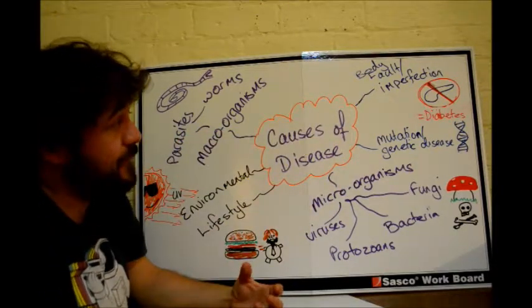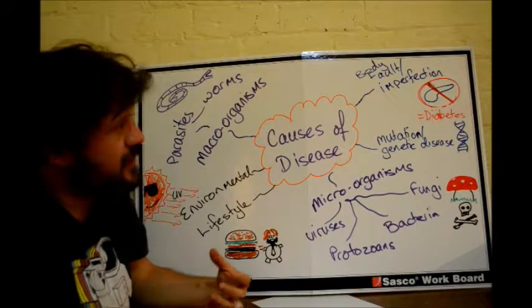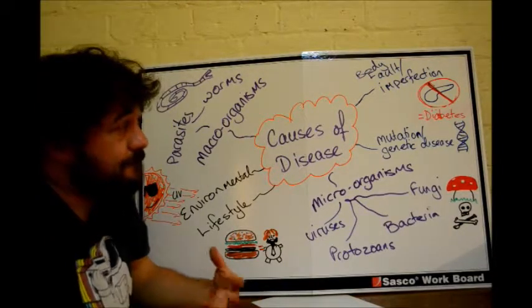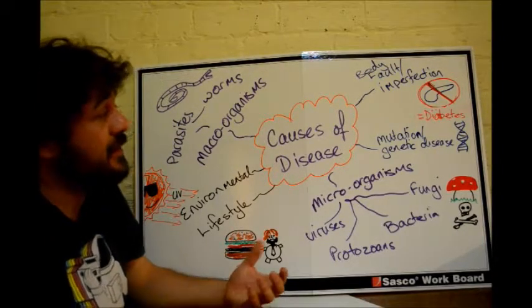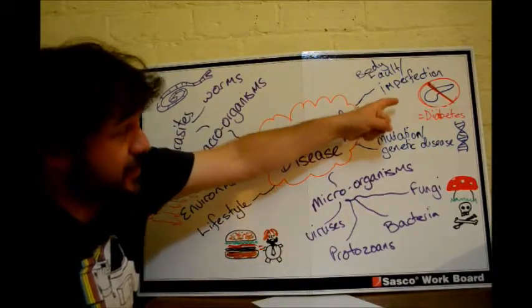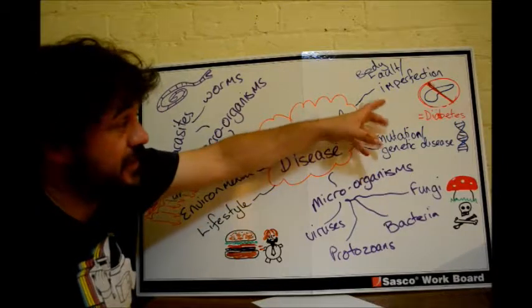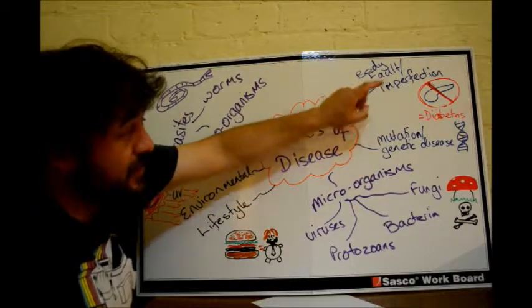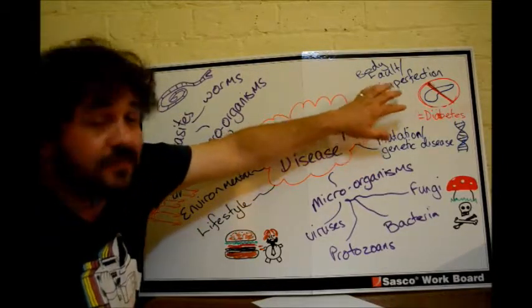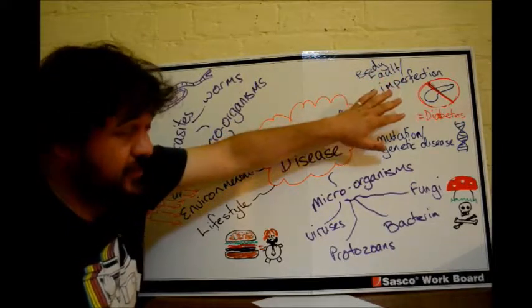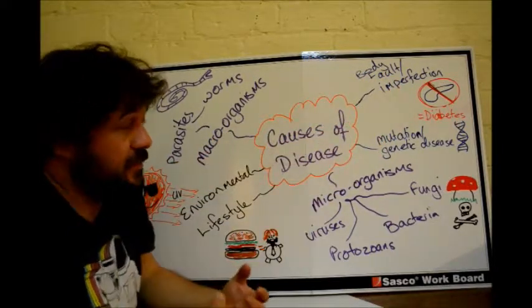So if you have a body fault or imperfection, something that stops working, that counts as a disease. Now, this is your pancreas. You didn't know that's what your pancreas looked like, but that's what your pancreas looks like. If that stops working, you get diabetes. So diabetes will affect you if your pancreas stops working. Now, this can be for all sorts of reasons.